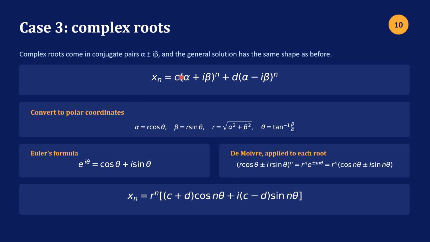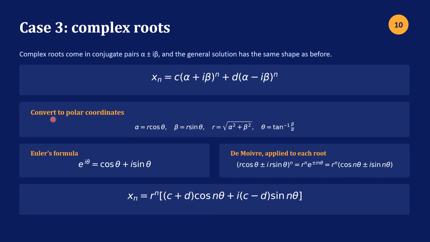And so we just plug that in as we would for real roots. So it's c times alpha plus i beta to the n, and d times alpha minus i beta to the n. Then we do a little bit of transformation to get this in a better form, or an easier form to work with.